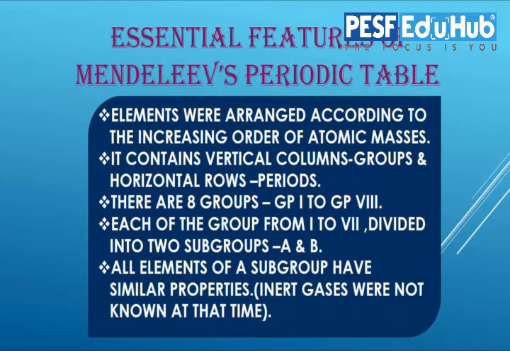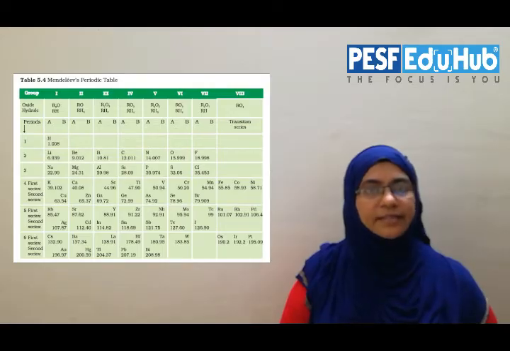There are 8 groups in total, from group 1 to group 8. Each of the groups from 1 to 7 is divided into 2 subgroups A and B. All elements of a subgroup have similar properties. Inert gases were not known at that time.